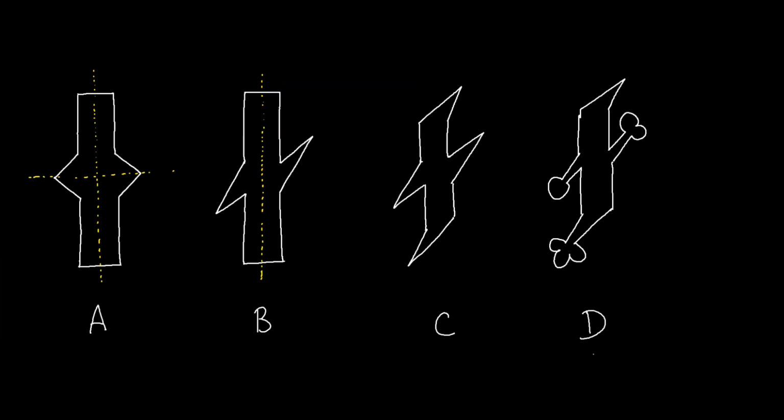But we don't have axes in either case, C or D. So is there something more than just the axis of symmetry? Are there other kinds of symmetry, perhaps, which we still need to identify in order to get a full picture of the symmetry?